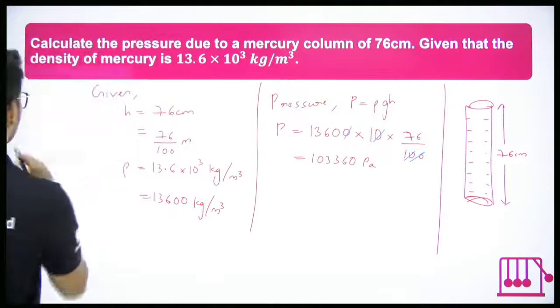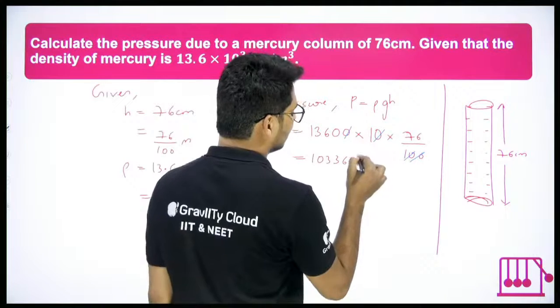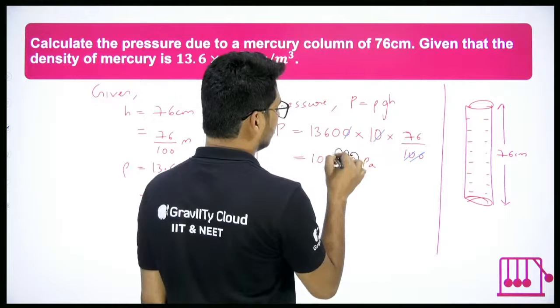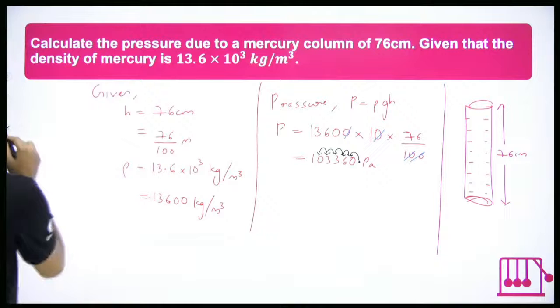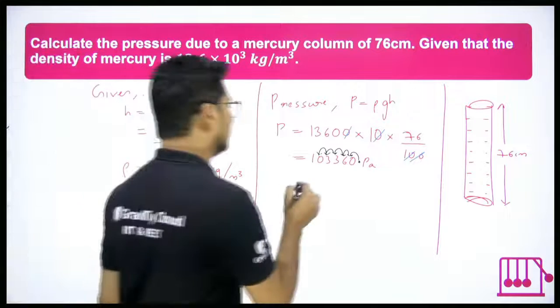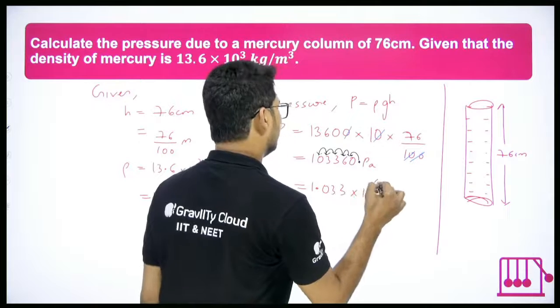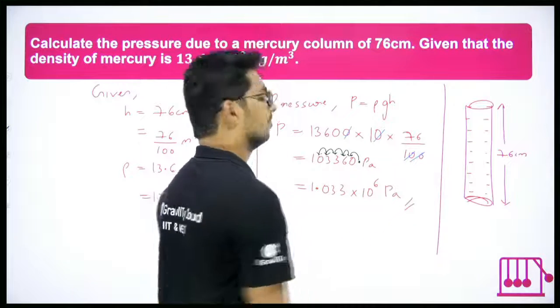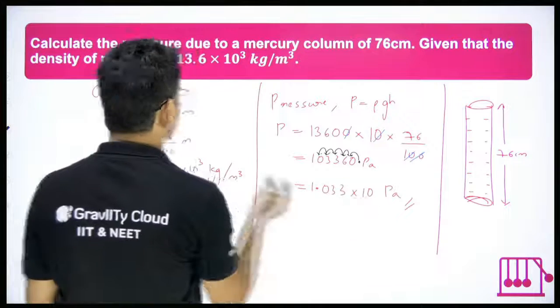And here, look at this. If I want to write it in terms of, let's say, into 10 power something. The decimal is here. If I move it by 1, 2, 3, 4, 5 decimal places to the left, I should write it as 1.036 into 10 power 5 Pascal. We are moving it by 5 places, not 6 places.